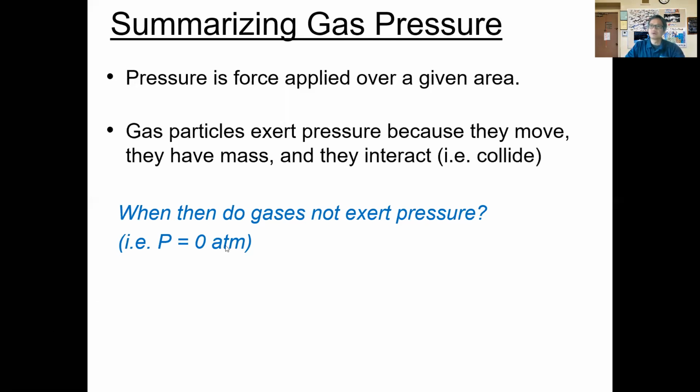Is there a set of circumstances where the gases no longer exert pressure? The answer is yes. You can imagine this: if there are no gas particles, if they have no mass, is there a condition in which the gases no longer have mass? Let's consider that.